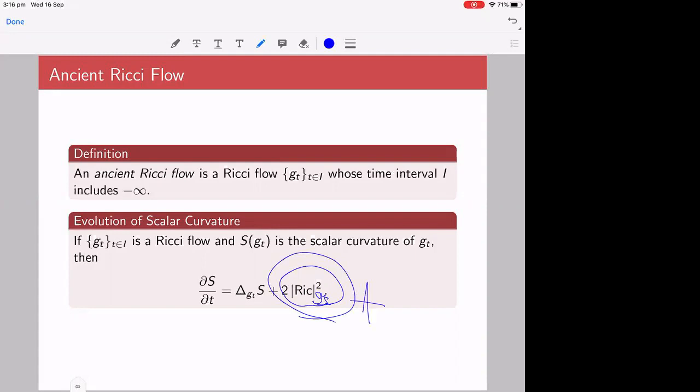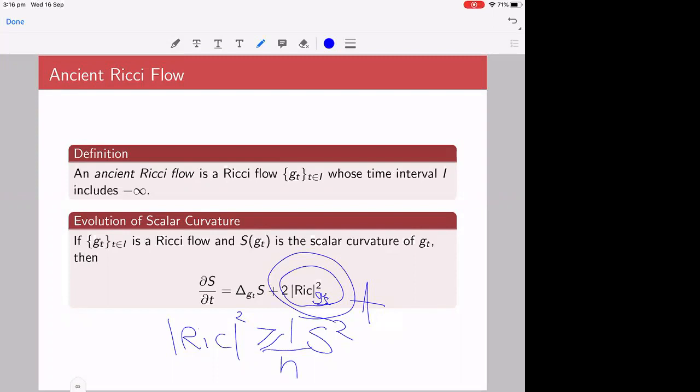Well, not only is it positive, it actually bounds your scalar curvature squared times some constant, I think it might be 1 on n. Shout out if that's wrong. Maybe I got the number the wrong way around there. But this Ricci curvature squared term basically controls the scalar curvature squared.